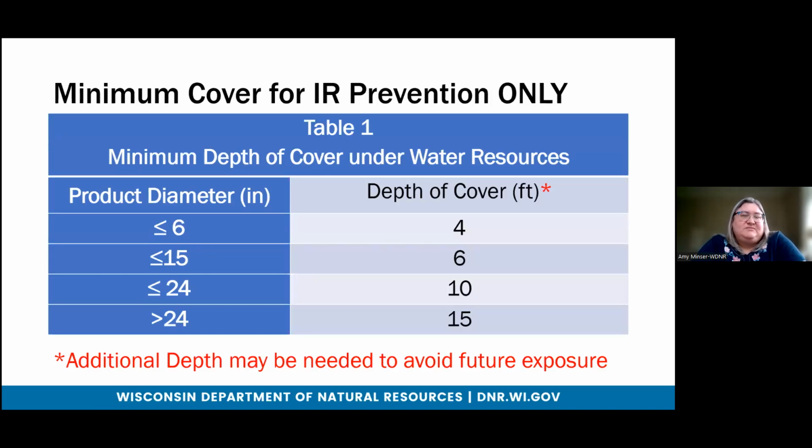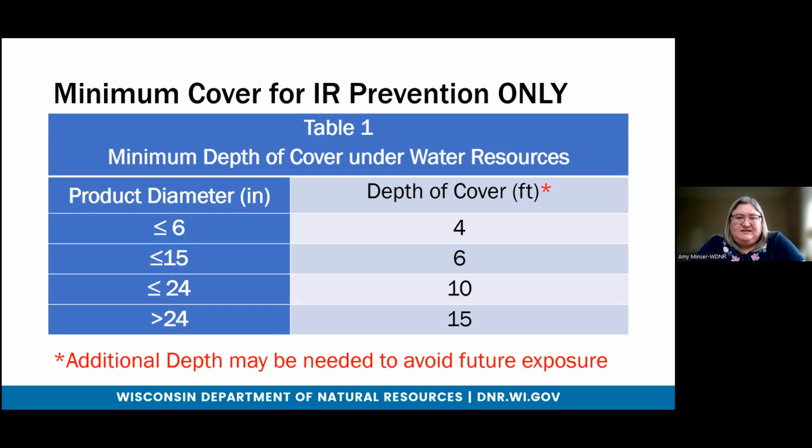Next thing is minimum cover. And here is another place where the focus of the technical standard and the scope limits what we say. So these are minimum covers under water resources, and these are for inadvertent return prevention only.